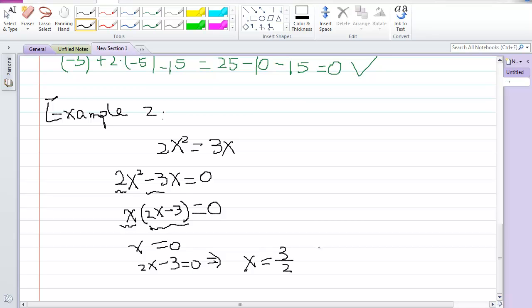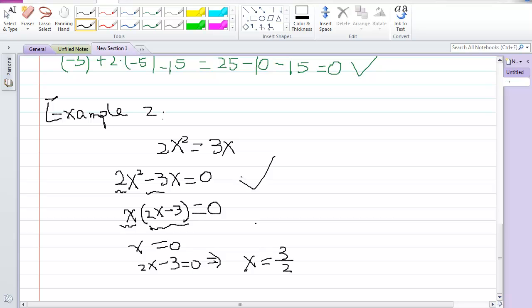Some people might ask, and this could be tricky, at this step you see that both terms in this polynomial have an x. How about dividing by x to simplify this? 0 divided by x equals 0, so it doesn't matter on the right hand side. However, you cannot do that, because what if x equals 0?